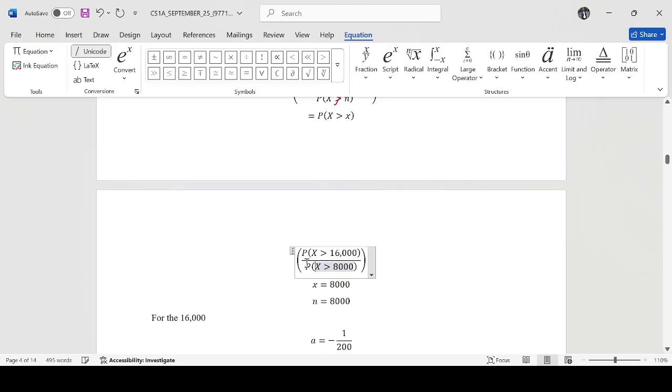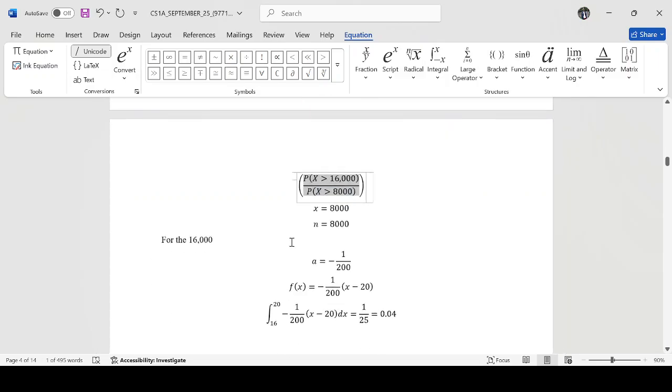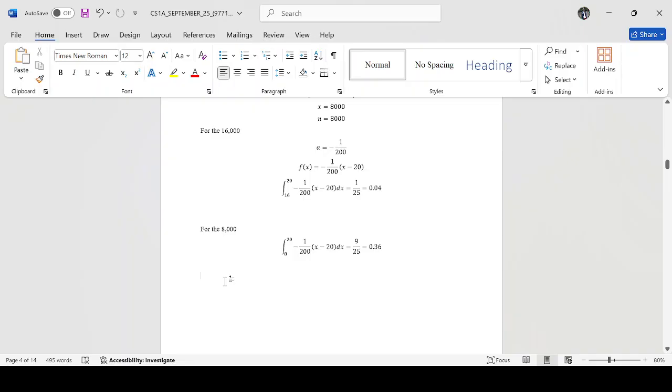Now remember our question was to calculate the probability that X exceeds 16,000 given that it has already exceeded 8,000. So it becomes very simple now. Your work is just to insert the respective values and then divide. So 0.04 divided by 0.36.